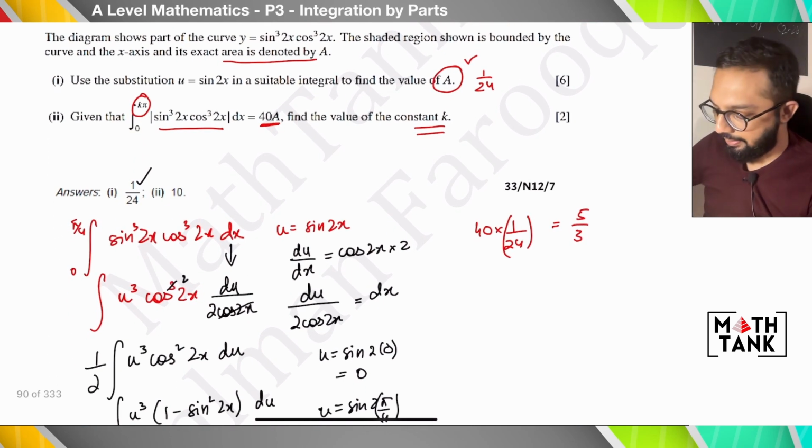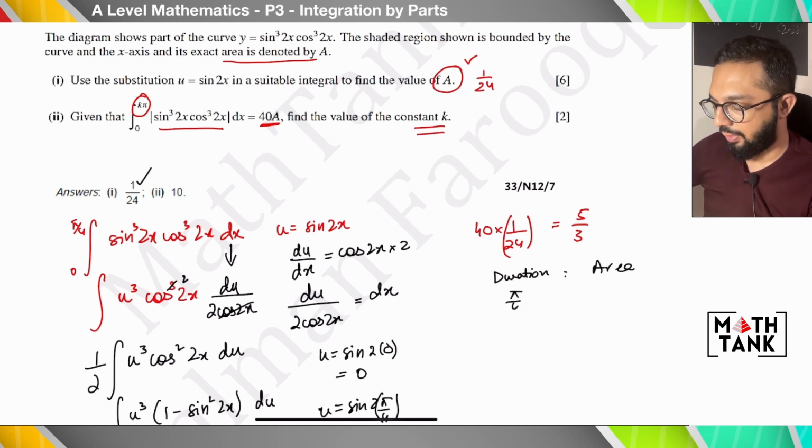Okay, what I can simply do is I can make ratios out of it, and I can say duration or time or whatever, and area. So I reached pi over 4 was my duration, and I reached an area of 1 over 24. And now I don't know k, I don't know my duration k pi, and I want the area to be 5 over 3.